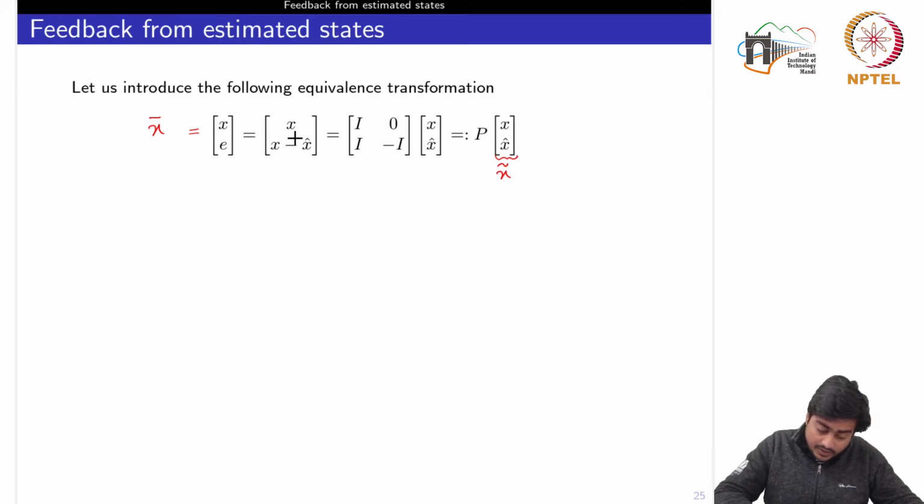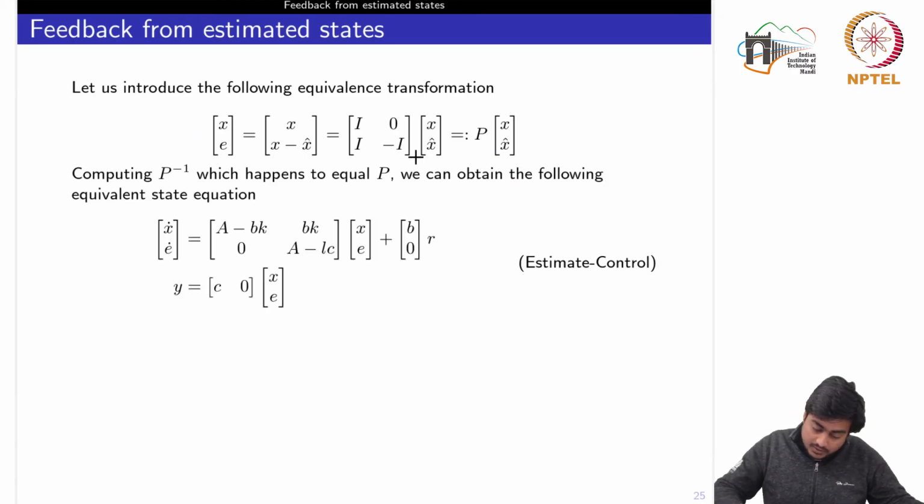This is basically an equivalence transformation which we had seen in the first week. So we would get x bar equals P times x tilde, where x tilde is the state variable of one representation that I want to transform into another representation whose state is x bar, using this P. Now if you see the structure of P, this P is non-singular. Okay, so let's do the equivalence transformation. We can also see that P inverse is equal to P.